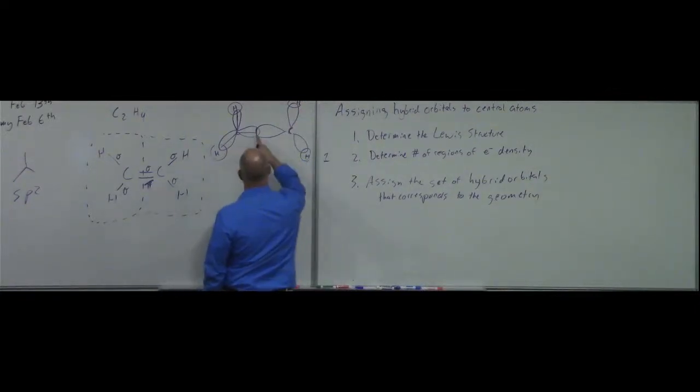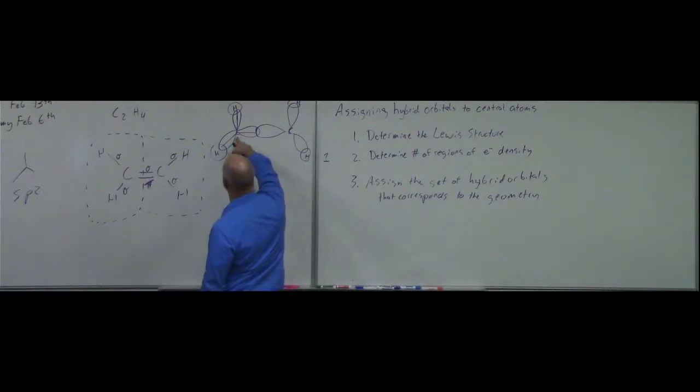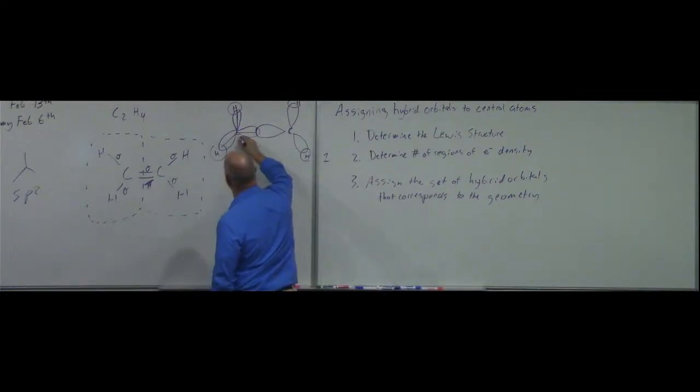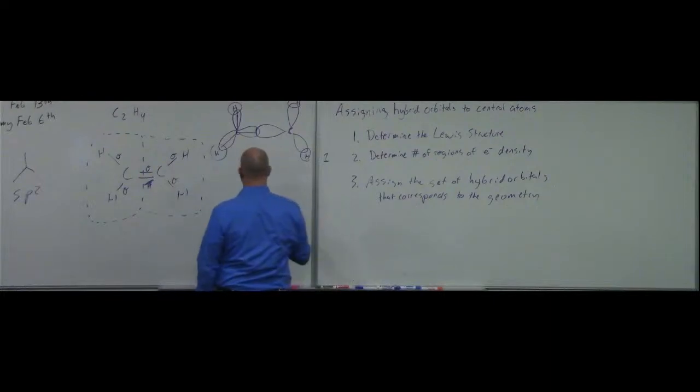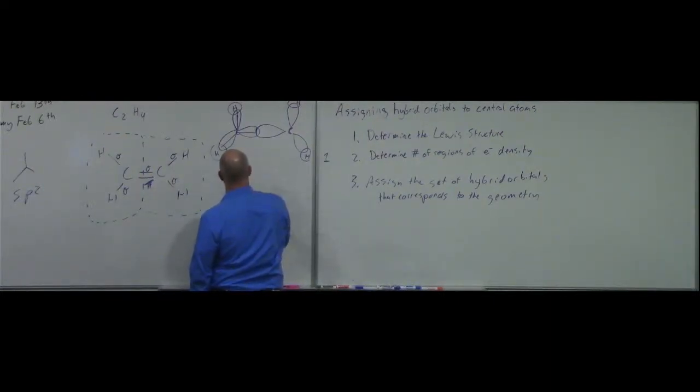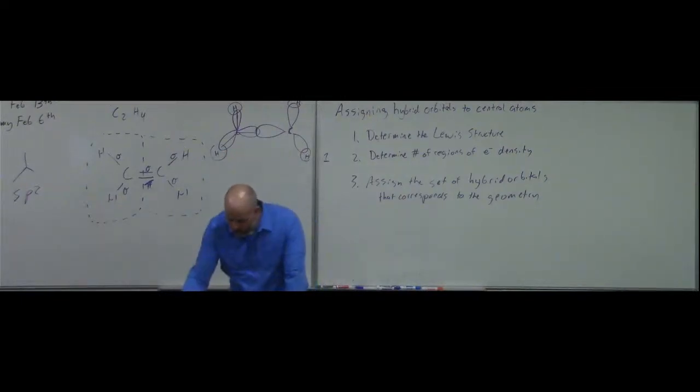So this is where these are going to overlap. We got one more that I can draw, and it's a pi bond, so it's going to be P. I'm just wondering if I should have drawn this differently than I did. How did they draw it?